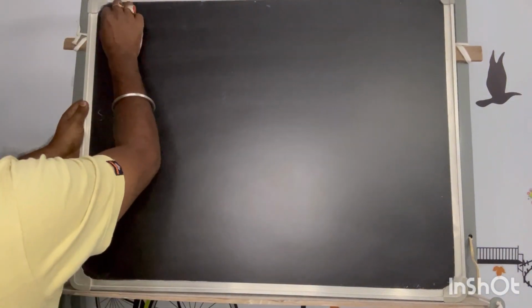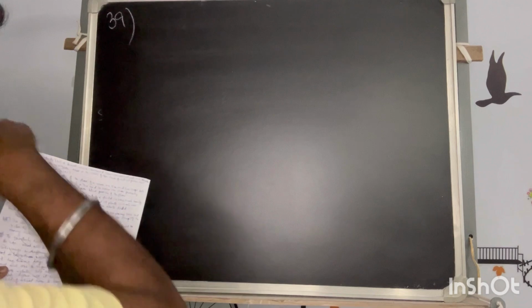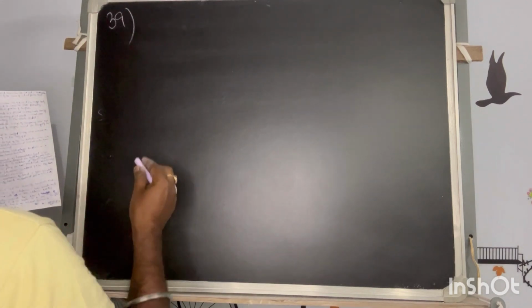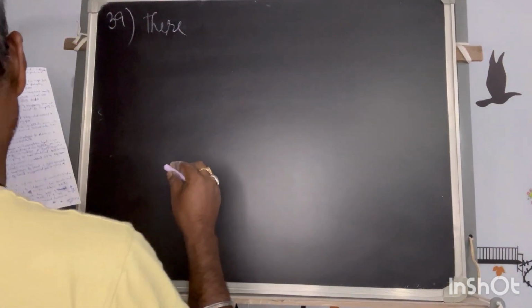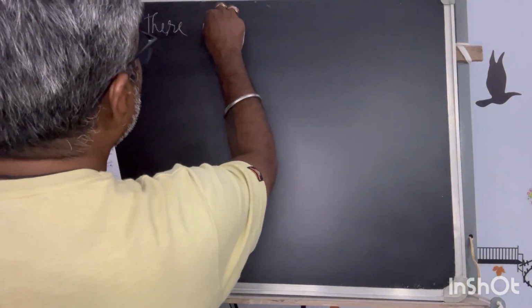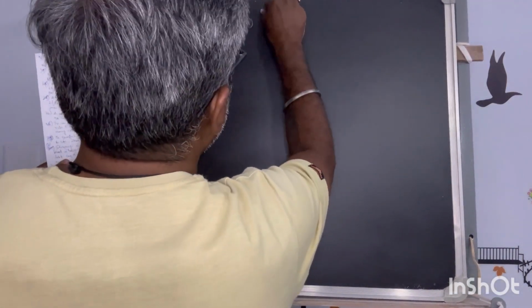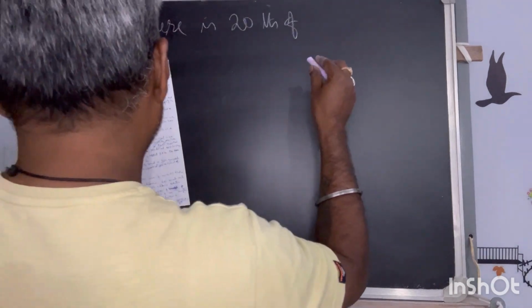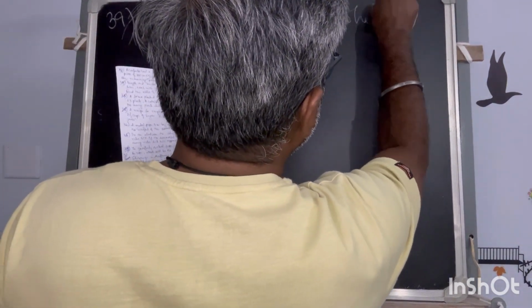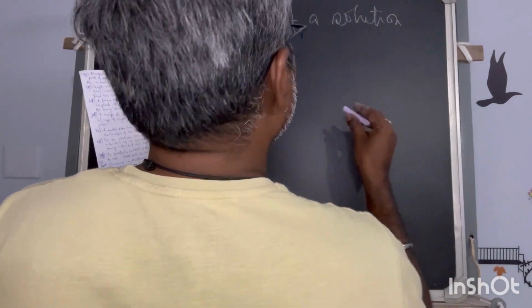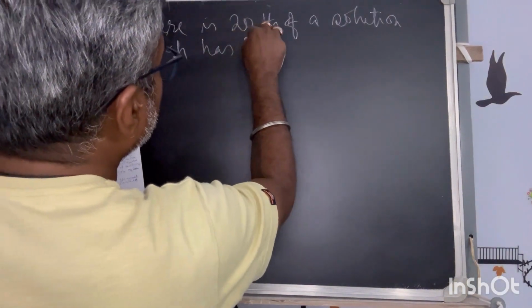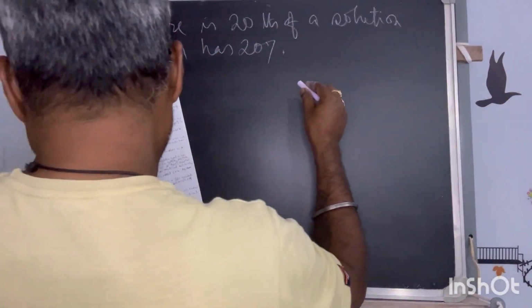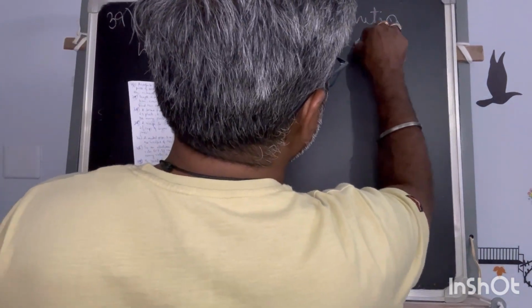39. There is 20 liters of a solution which has 20% of bleach.